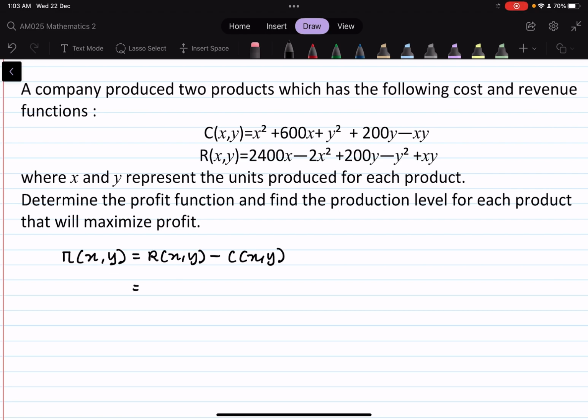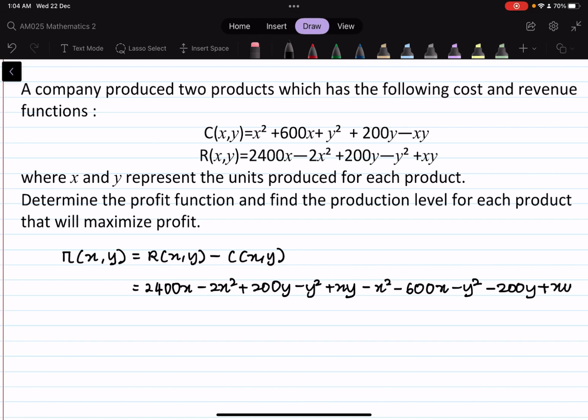The revenue function is 2400x minus 2x squared plus 200y minus y squared plus xy, minus the cost function. So I'm going to multiply the cost function by the negative here. It's going to be negative x squared minus 600x minus y squared minus 200y plus xy.